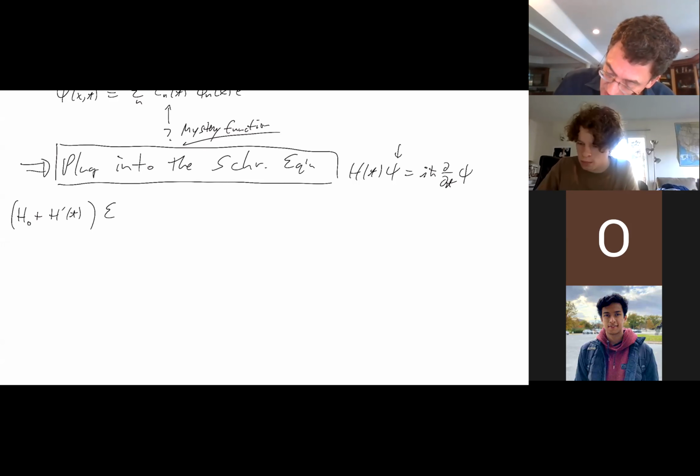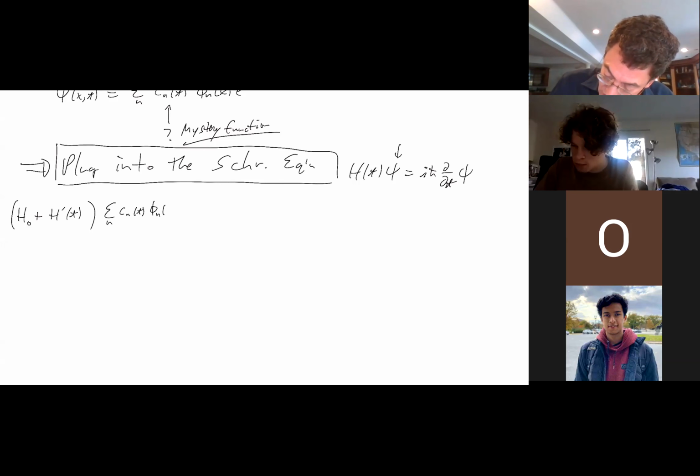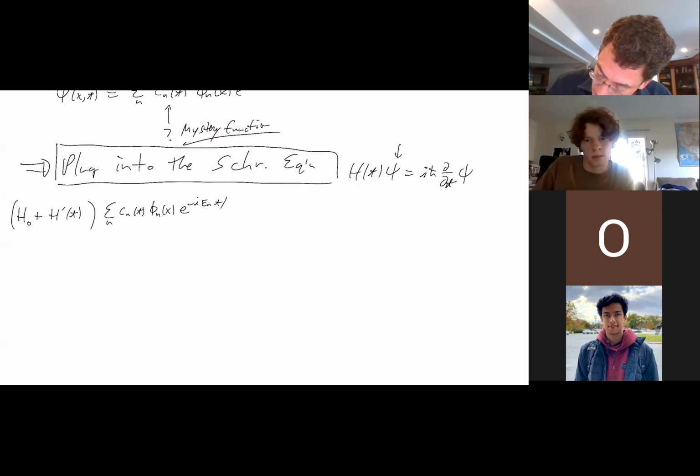And we know what psi is. It's the sum over n of c n of t phi n, which are functions of position, e to negative i E n t over h bar.